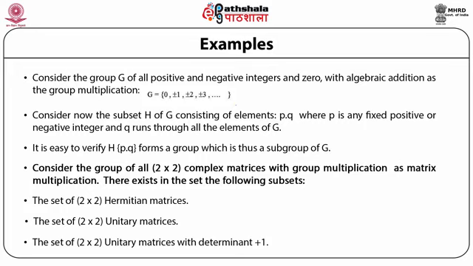If H is a subgroup of G and X is an element which belongs to G, then the set formed by the elements X h X inverse for all h belonging to H can be proved to be a subgroup of G.